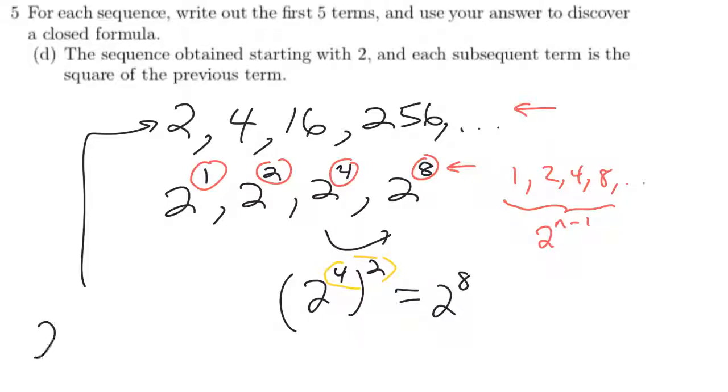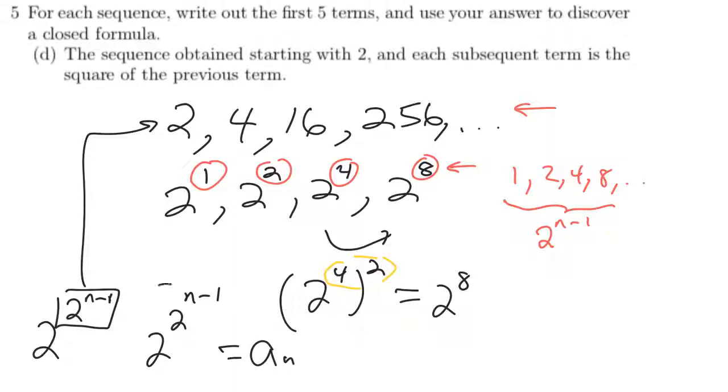All the values in the original sequence have a 2 as their base, but the power is going to be the thing that we can see the pattern in. So 2 to the 2 to the n minus 1 is actually the formula for the sequence, and it looks fairly awful.